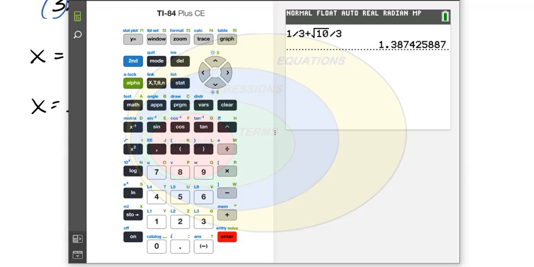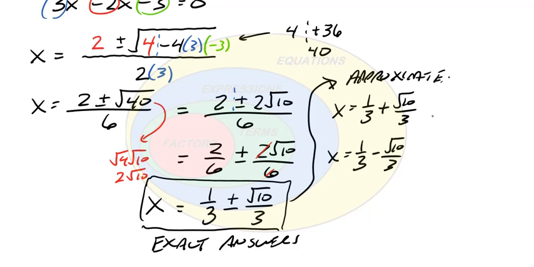So it looks like we get 1.387425. If we approximate to 2 decimal places, we would end up with 1.39. We'll have to round the 8 up to 9. So 1.39 would be our first approximation.